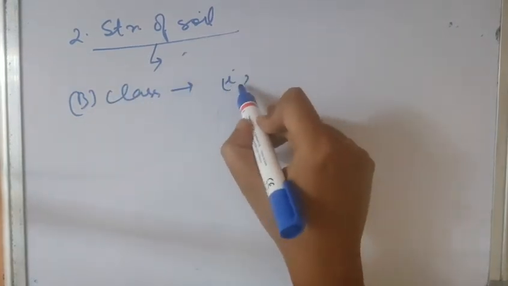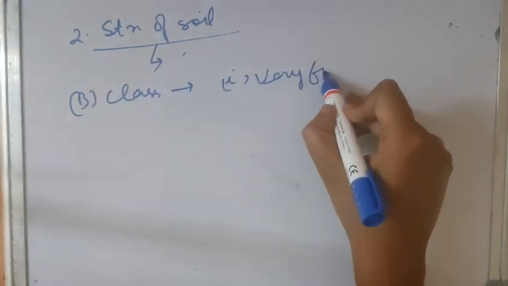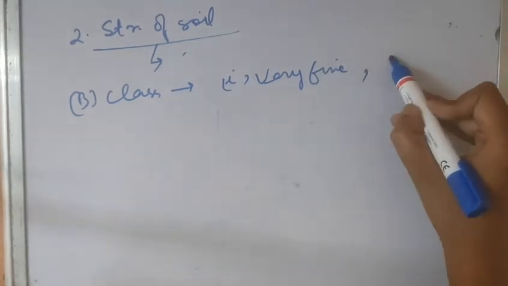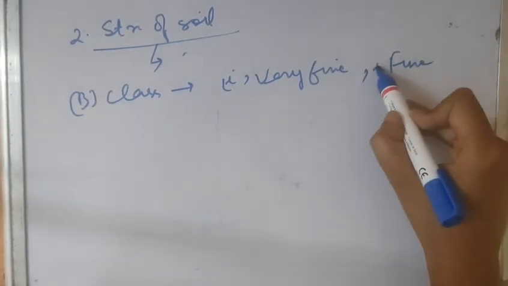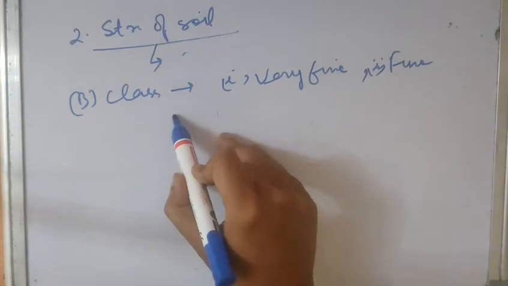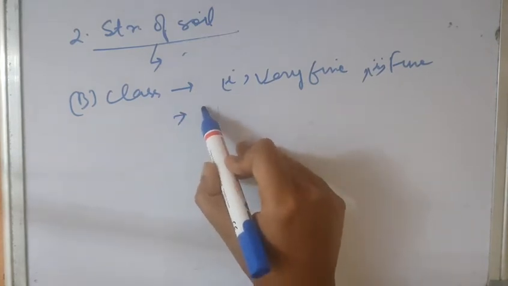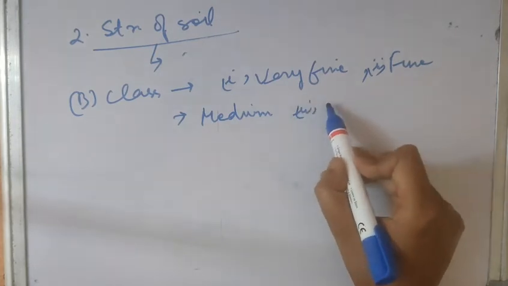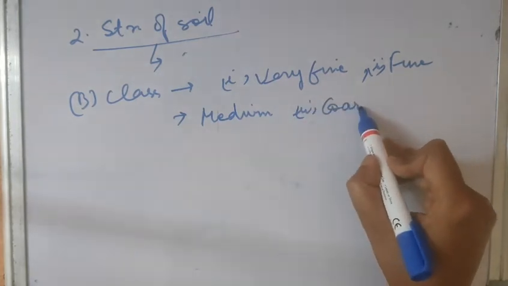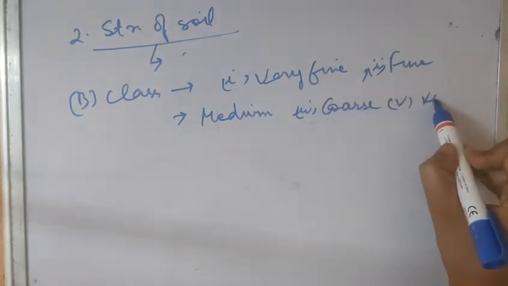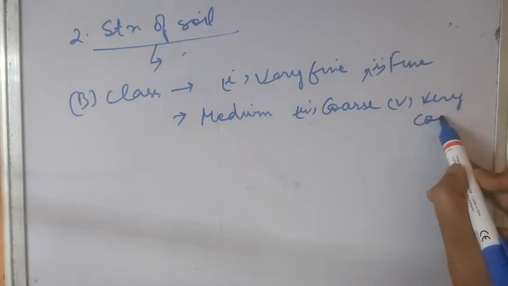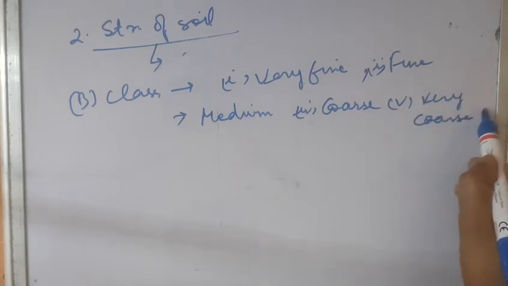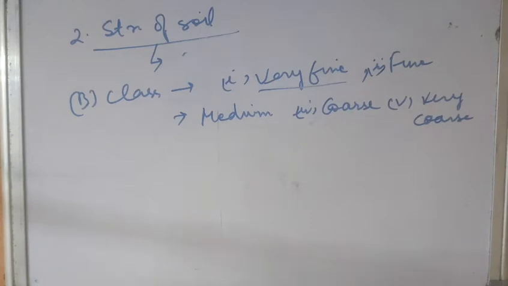In class we have very fine, second is fine, third is medium, fourth is coarse, and fifth is very coarse. As per size, very fine will be the smallest size, and very coarse will have the highest size.